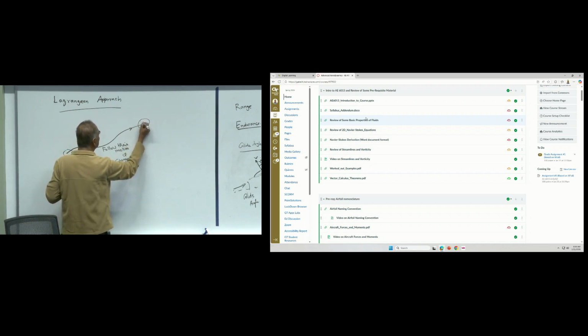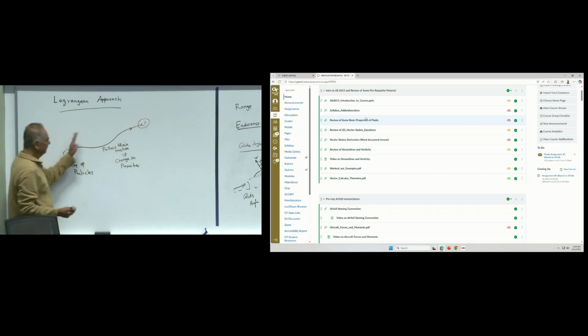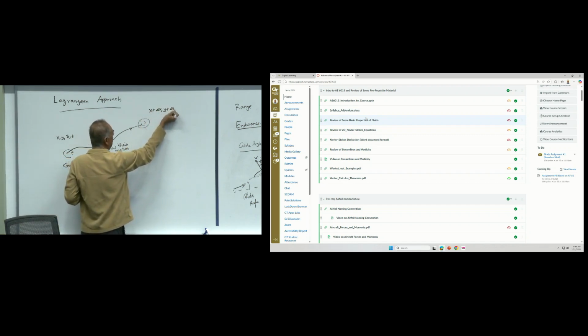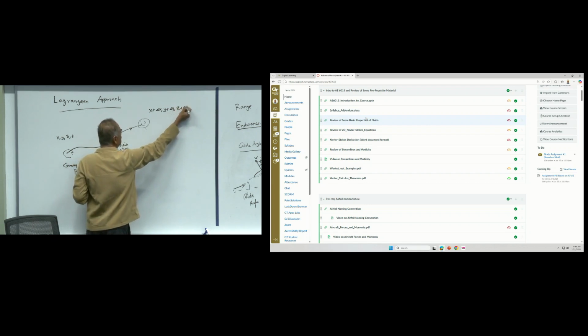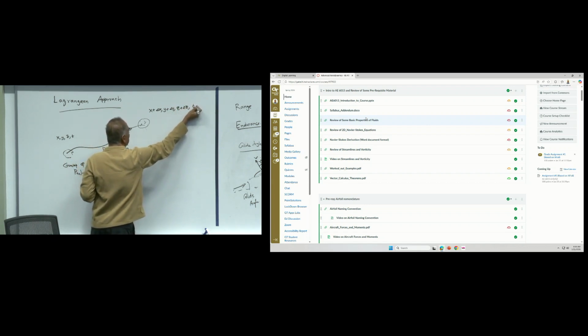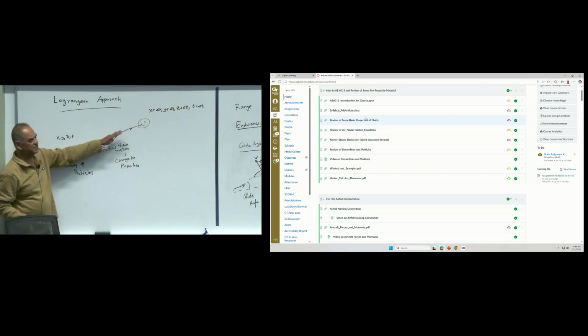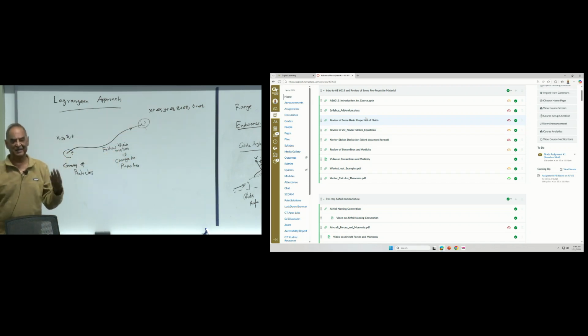The same clump of particles will go somewhere else. So they may start at some x, y, z, and t, and end up at x plus delta x, y plus delta y, z plus delta z, t plus delta t. So time has changed, position has changed, and the property has changed. The property may be velocity, pressure, temperature, or something else.